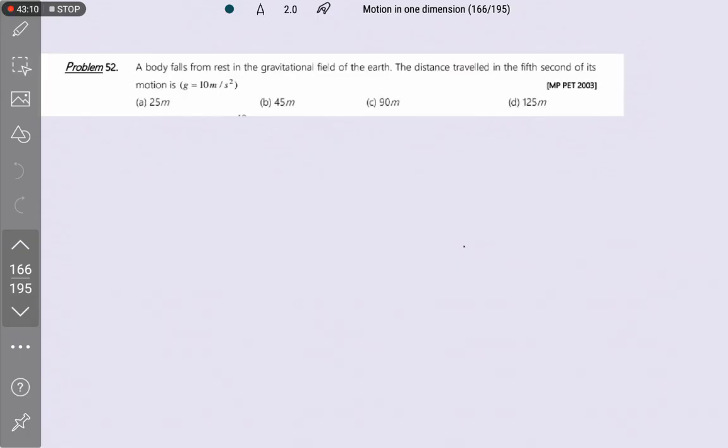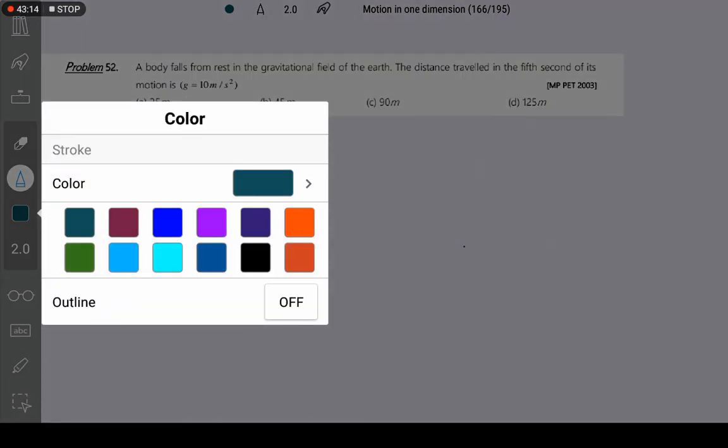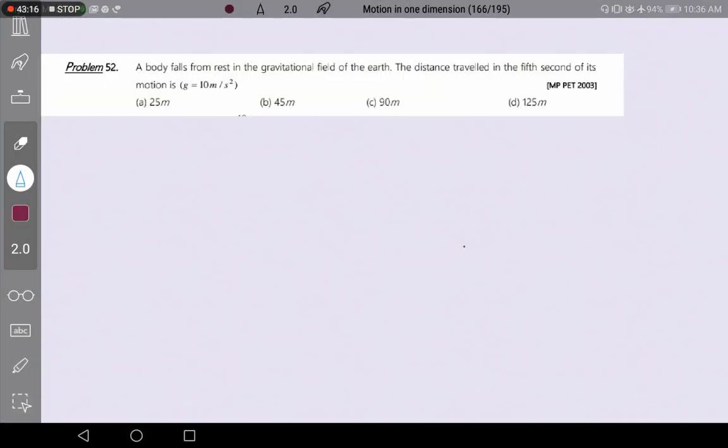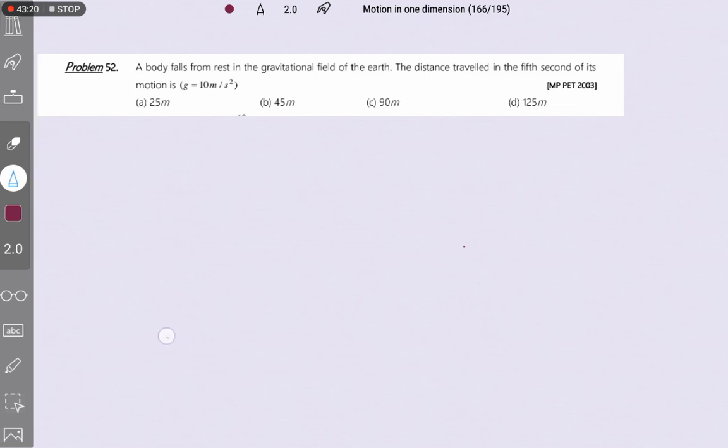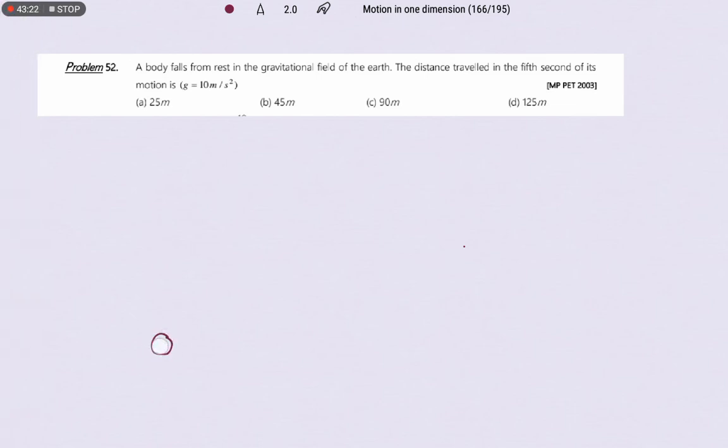Before going to do this problem, let us discuss one important point related to the motion of an object. We know that if we throw an object vertically upward, after some time the object reaches the ground. Generally we neglect the air friction acting on the body until they mention it in the question.